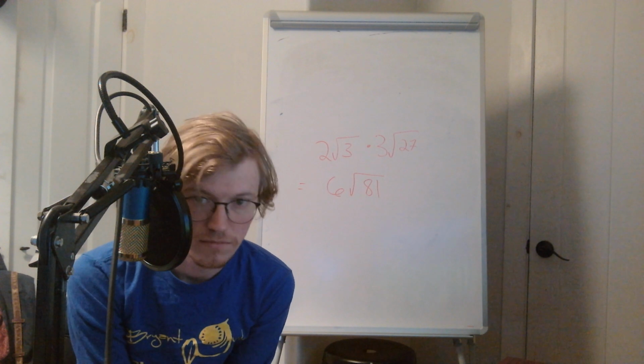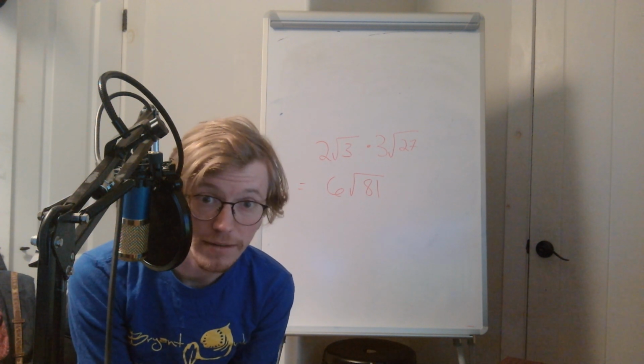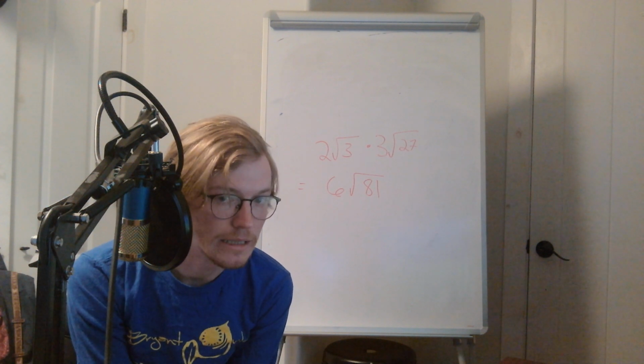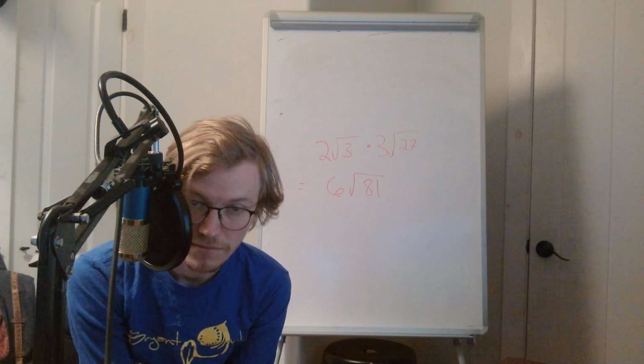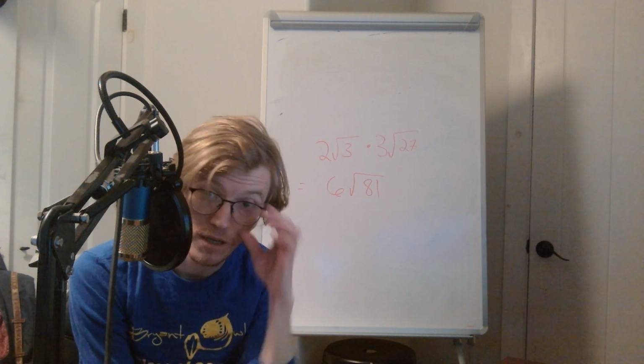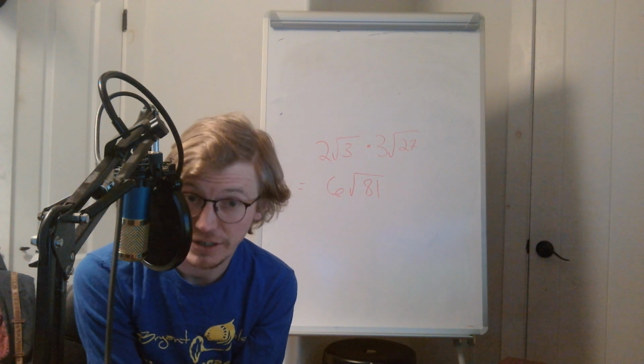Now, you're not done, because this can be simplified down more, right? Something in there is definitely a perfect square. And what is that? Well, 81. 81 is a perfect square. So what can you multiply by itself to get 81? Yeah, that answer is 9.